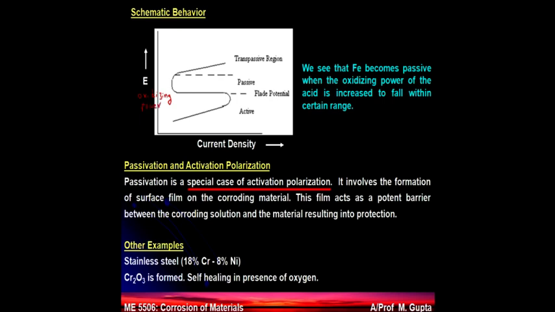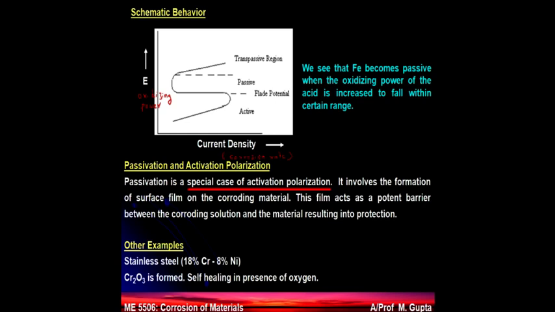As you increase the oxidizing power of the electrolyte along the y-axis in the lab condition, you see that the corrosion rate is increasing. Current density is proportional to corrosion rate, or extent of corrosion, or the speed of corrosion. So it is increasing and almost follows a linear path. It need not follow a linear path, but normally it does.